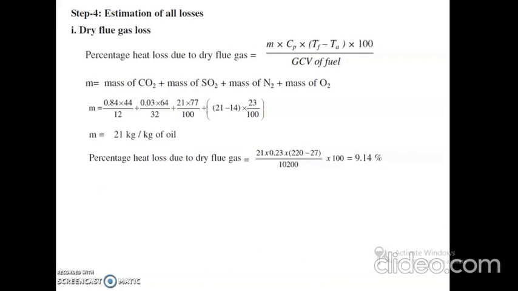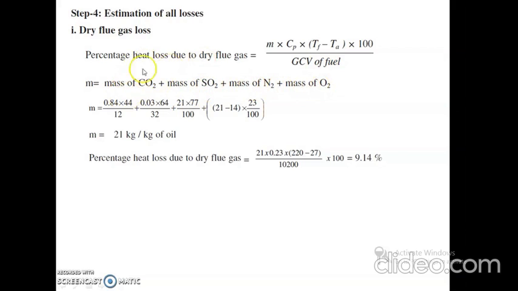Next is estimation of all the losses. First, dry flue gas loss. The percentage of heat loss due to dry flue gas is given by this formula: m Cp (Tf minus Ta) into 100 divided by the GCV of the fuel. M is the mass of CO2 plus mass of SO2 plus mass of nitrogen plus mass of oxygen.